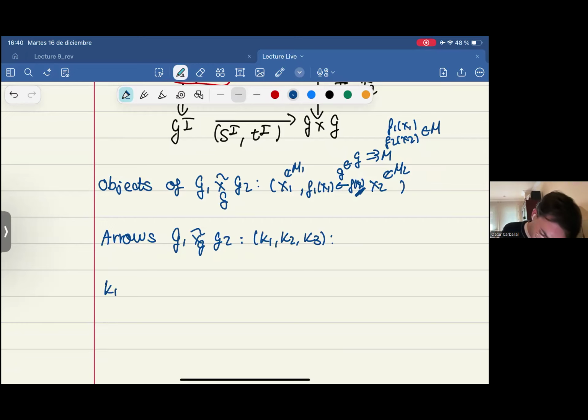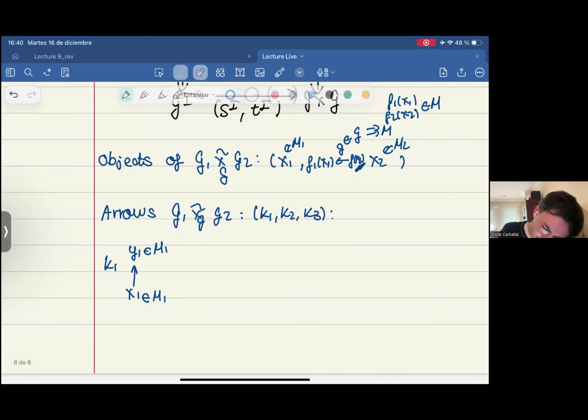First, K1 is just an arrow from X1 to Y1, in M1. So now we have K1.